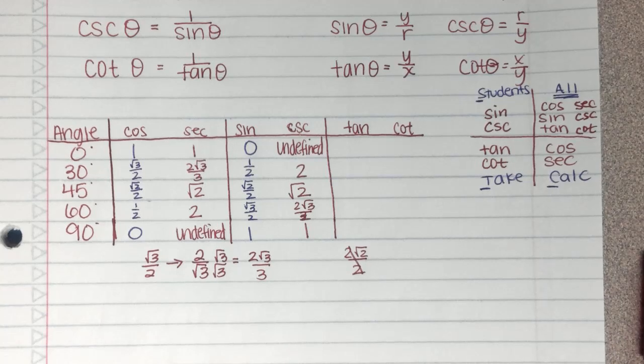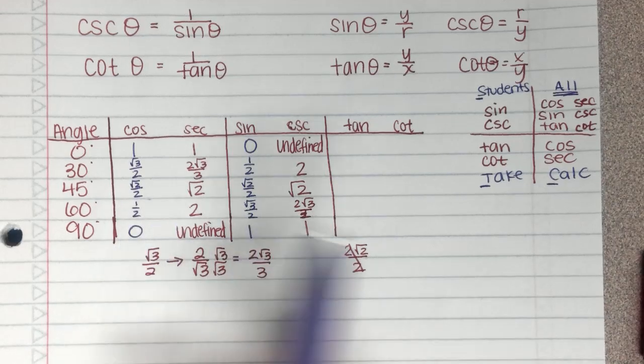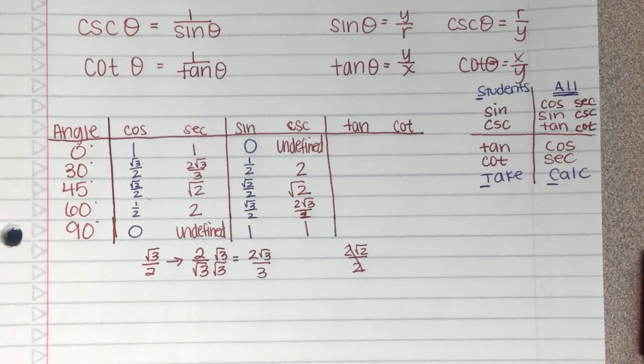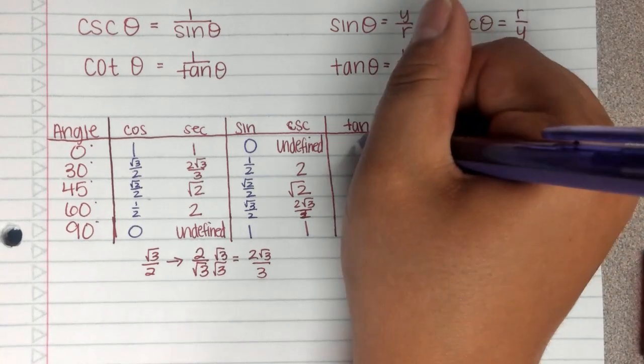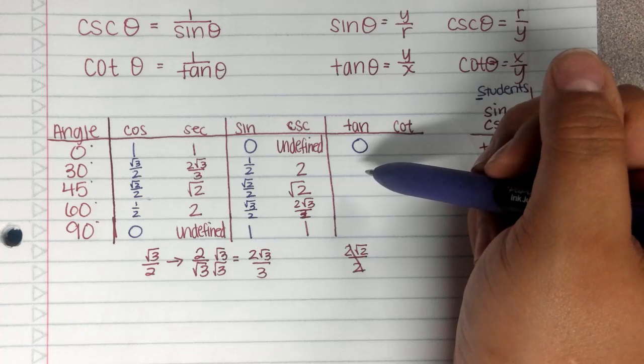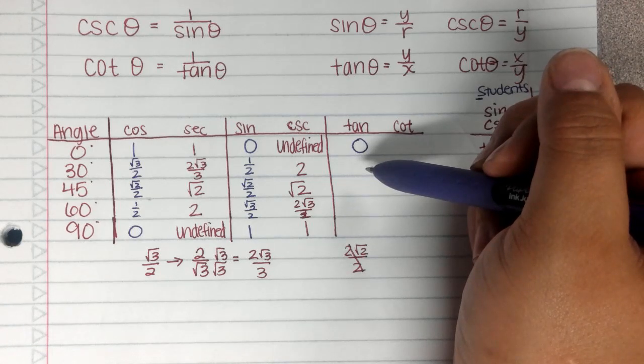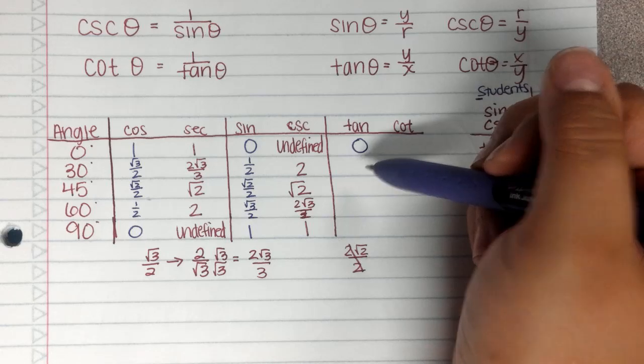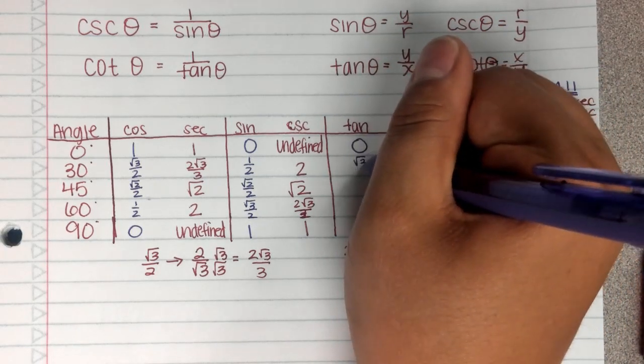Okay? Let's do the tangent really quickly. I know the bell's going to ring in about 3 minutes. I'm going to try to do this in 2. What was the tangent at 0 degrees? This is your quiz tomorrow. Think slope. 0. What about the tangent at 30 degrees? It's square root of 3 over 3.